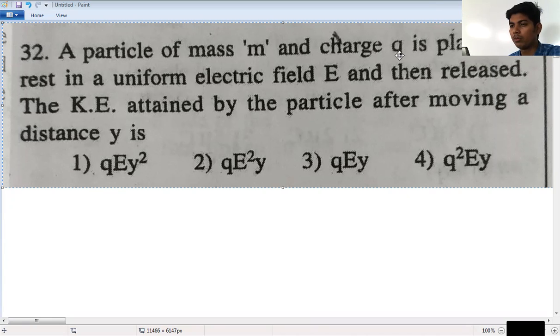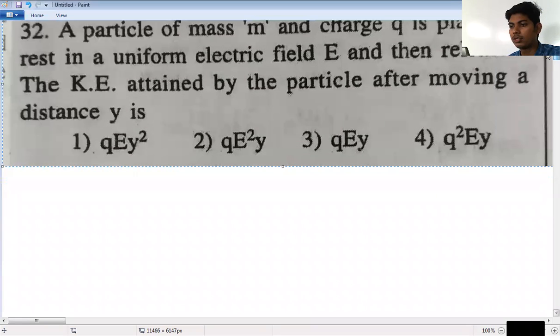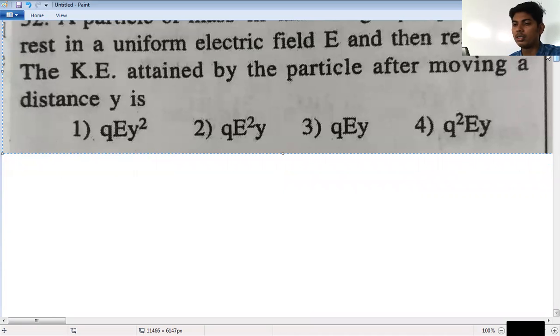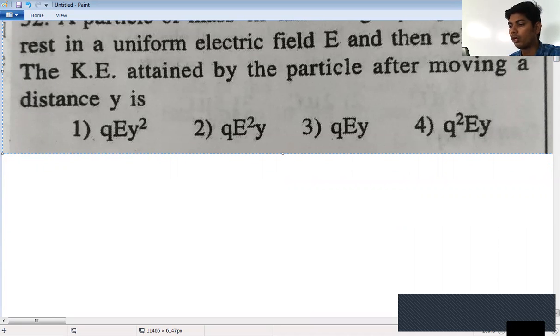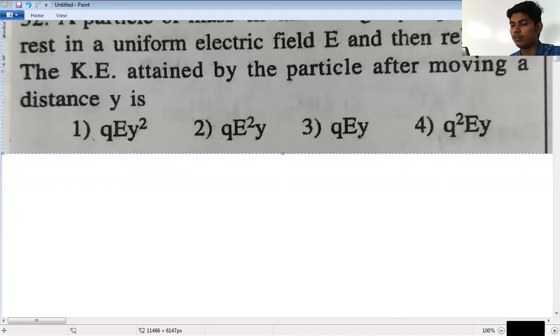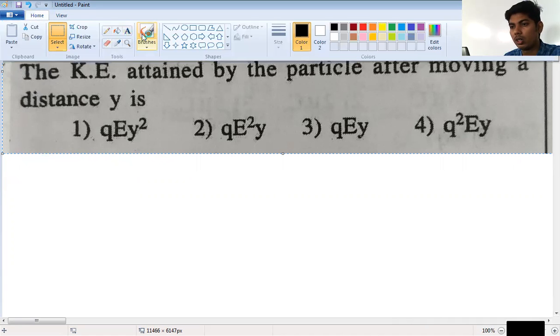According to the problem, a charged particle of mass m and charge q is placed at rest in a uniform electric field E and then released. You need to find out the kinetic energy attained by the charged particle.